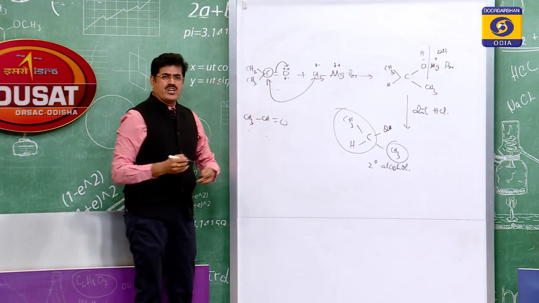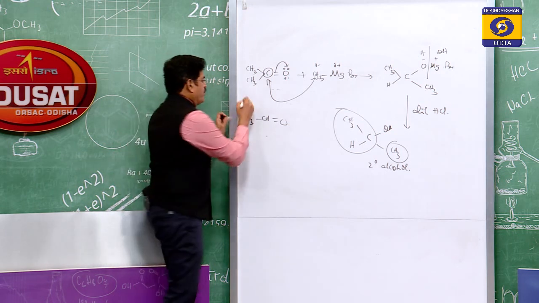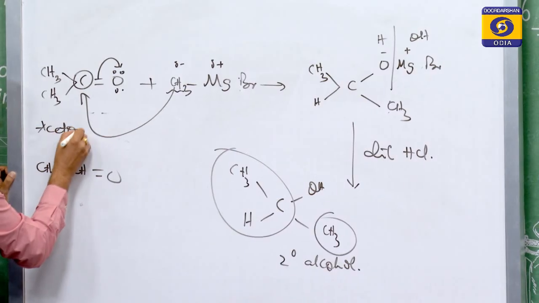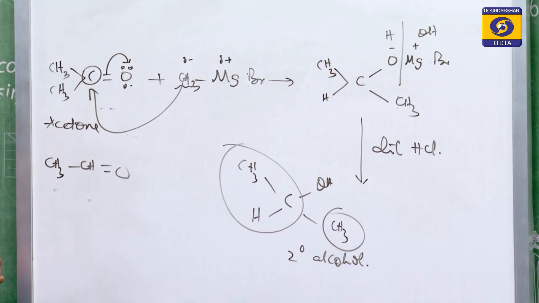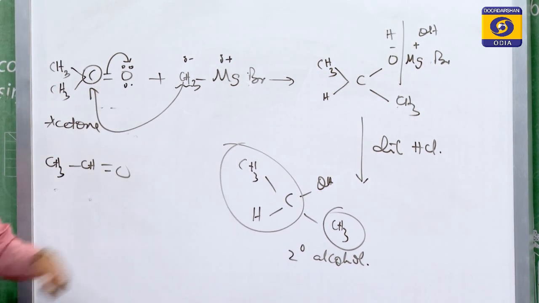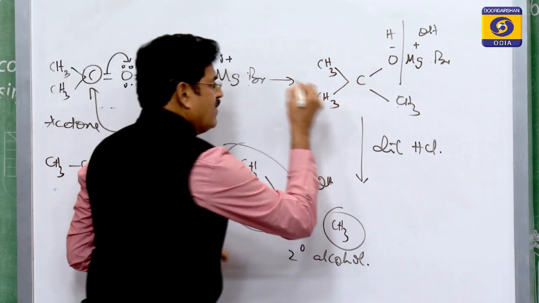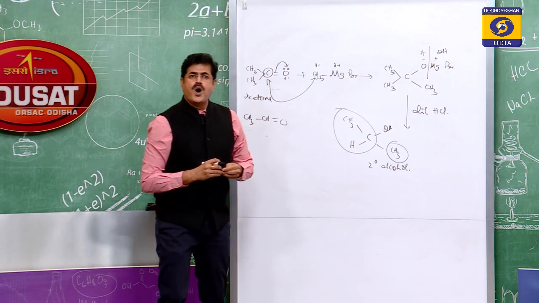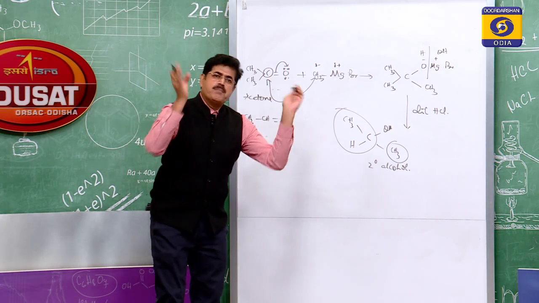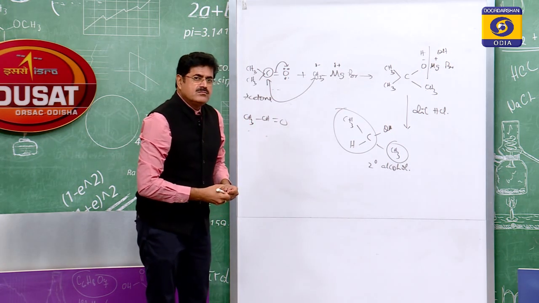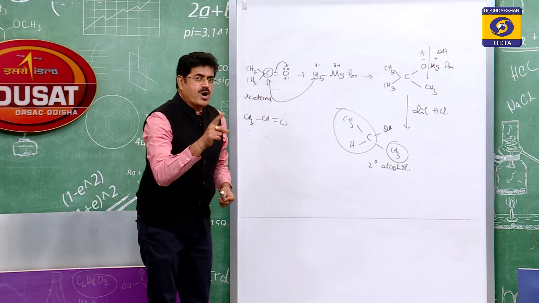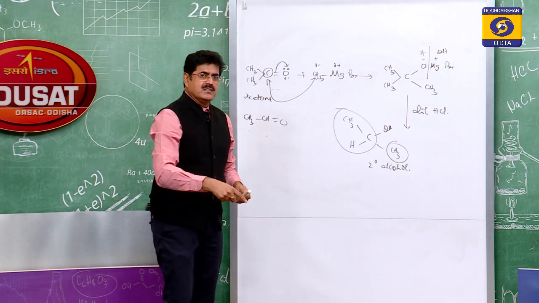I am taking acetone here. Remember, students, you have to be well acquainted with the common names. This is acetone, and this is methyl magnesium bromide. Methyl magnesium bromide with acetone gives the product bromo magnesium tertiary butoxide.